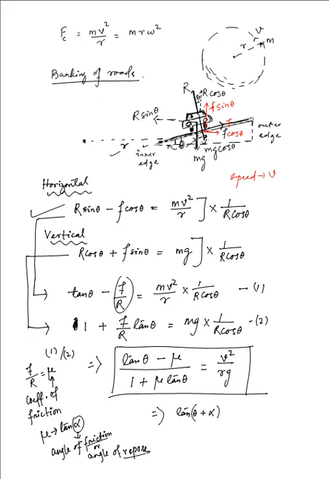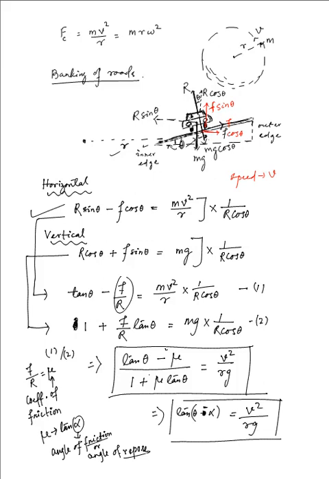Tan A plus B gives you that formula on the left hand side. But no, this is tan A minus B, because there's a minus sign over here. Had this been plus, then you would have had tan A plus B, but this is tan A minus B, B being here tan alpha, which is there for mu.